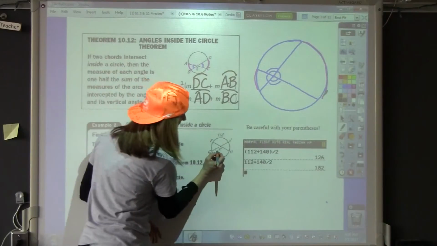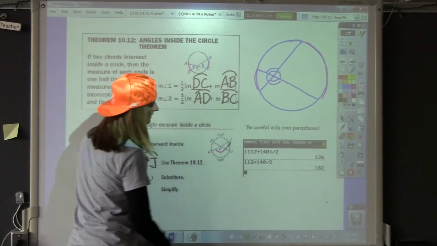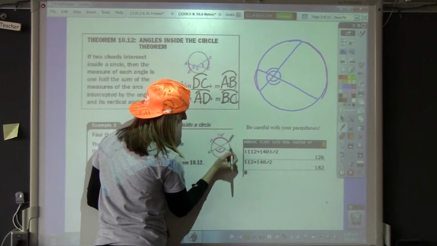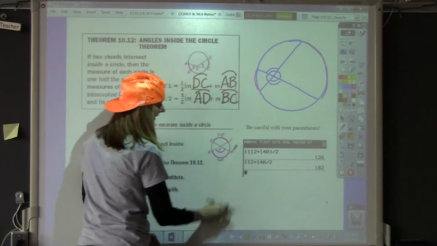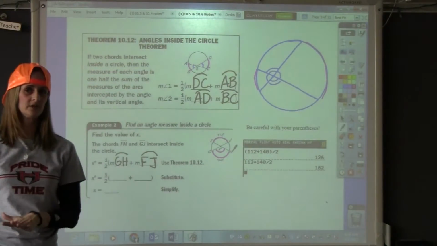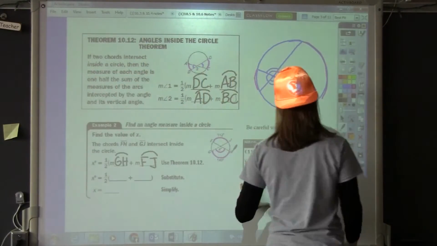So we're asked to find the measure of this angle here. So we are going to average the 112 and the 140. You have to be careful how you do that on the calculator, and here is the explanation. It's on your notes.